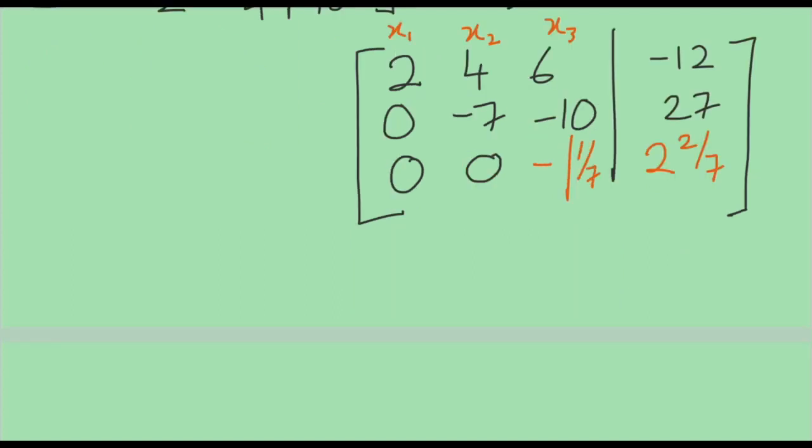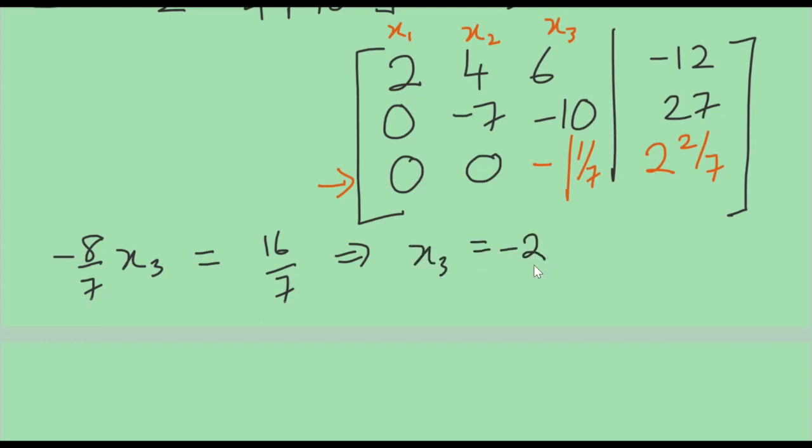So the backward substitution method gives us, we start with the third row, negative 1 over 7 or negative 8 over 7 multiplied with x3 is 2 over 7 or 16 over 7. And so x3 is equal to negative 2.